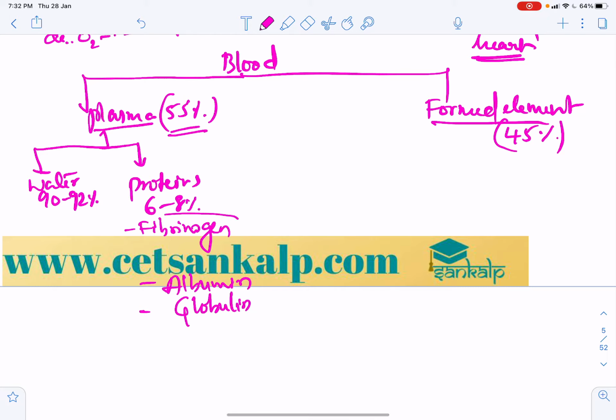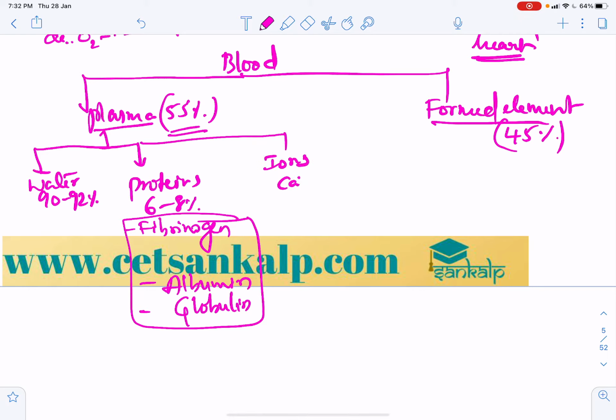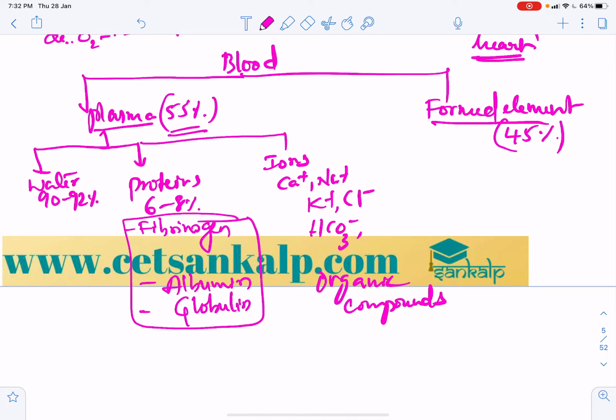We're going to discuss about these later. Then almost all the ions we have discussed, that is calcium ion, sodium ion, potassium ion, magnesium ion, chloride ion, and carbonate ion, which we discussed in the respiratory system. All these along with organic compounds will be there in the blood.